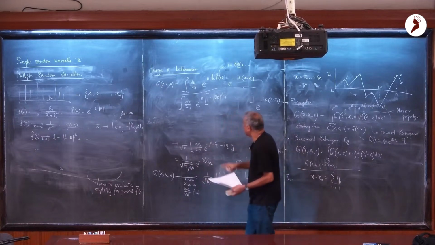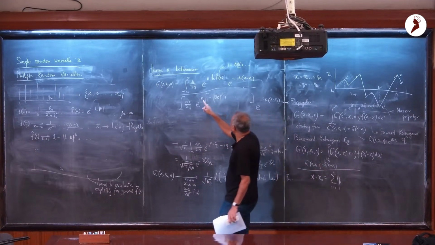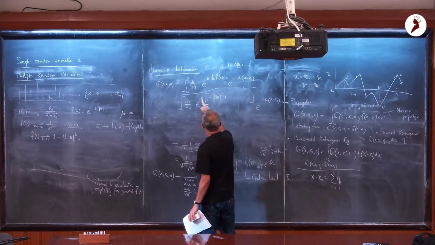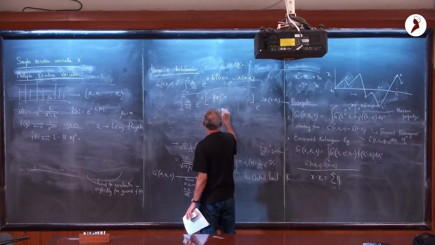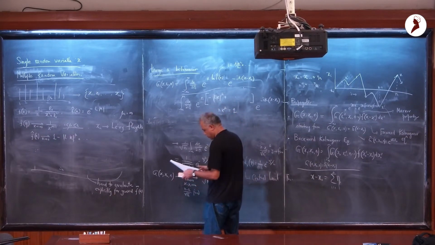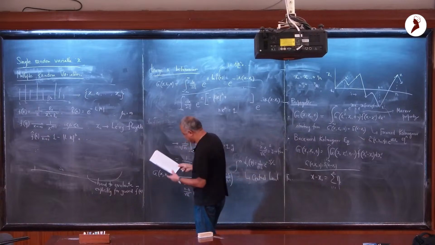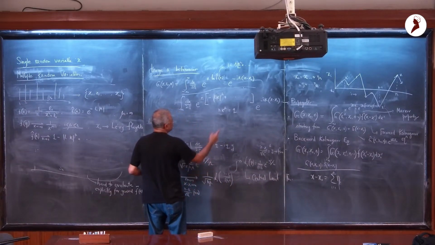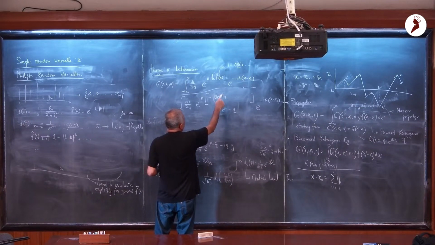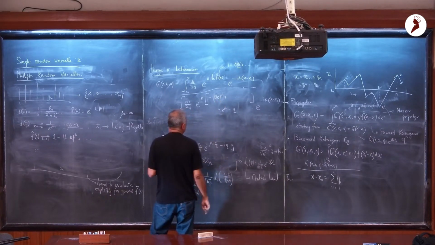So again, like in the Gaussian case, the correct scaling in the large n limit is to take k goes to 0, keeping n k to the power mu as a fixed variable q. And if you do the same exercise as we did for the Gaussian case, just instead of mu equal to 2, you have a general mu between 0 to 2.